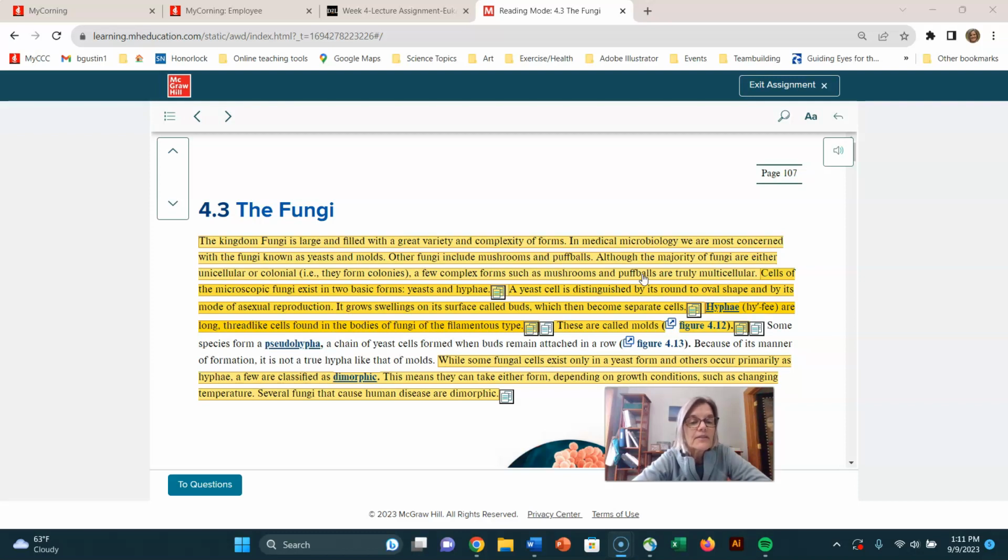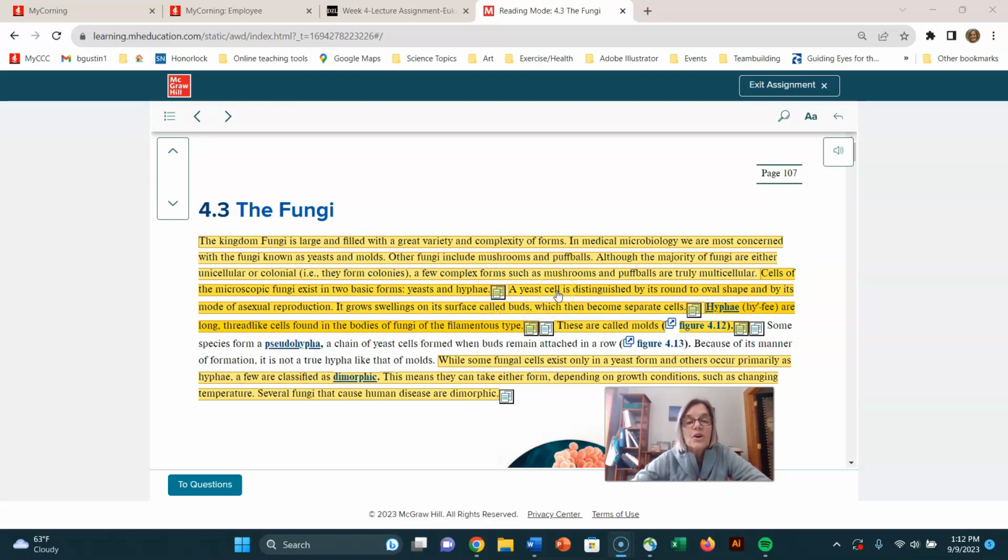We're not going to talk about these in our microbiology discussion, but much of what we're going to say about the microscopic fungi is true for the macroscopic fungi. The fungi that we're going to talk the most about are the yeasts and the molds. The book describes the cells of the microscopic fungi as existing in two forms, yeasts and hyphae.